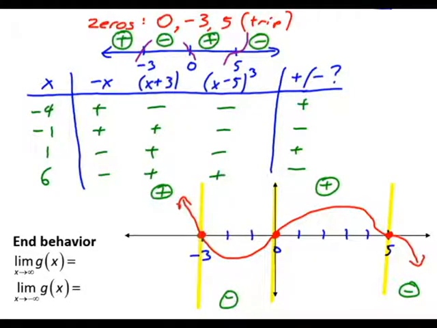Finally, we can look at the end behavior. The limit as x approaches infinity, so this is the right side because x is getting larger and larger, is going to be what the y-coordinate is doing. Well, we know that we are heading negative. Our sign pattern chart told us so.